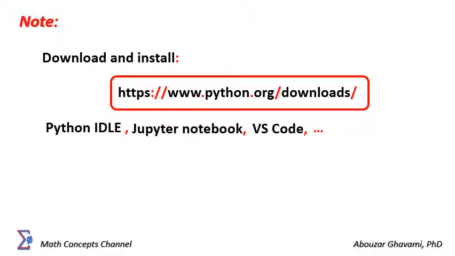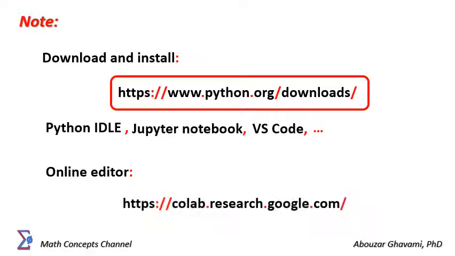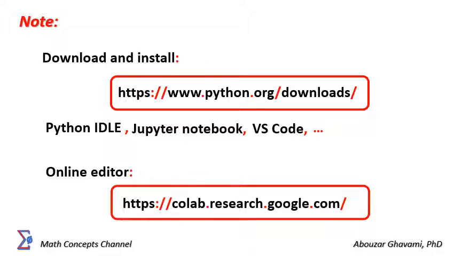You can also use an online Python editor and compiler such as Google Colab with the website link at colab.research.google.com. Google Colab has many installed Python packages and allows users to use GPU and TPU for problems with highly computational load, such as deep learning problems.